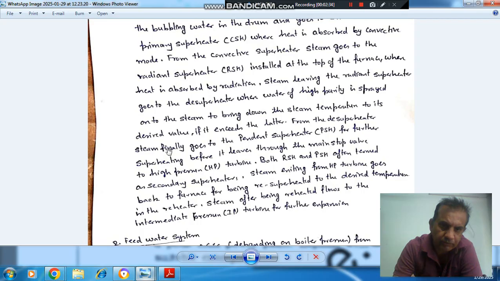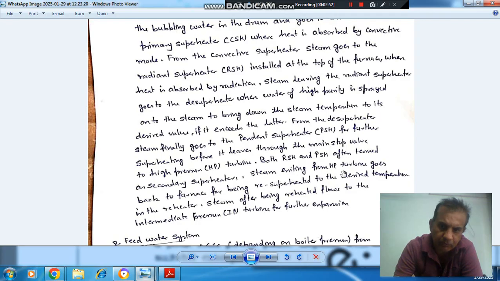From this desuperheater, steam finally goes to the pendant superheater for further superheating before it leads through the main stop valve to the high pressure turbine. Both this superheater and the pendant superheater are often termed secondary superheaters.